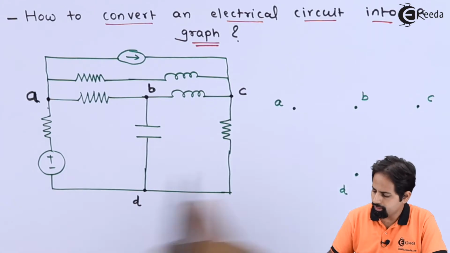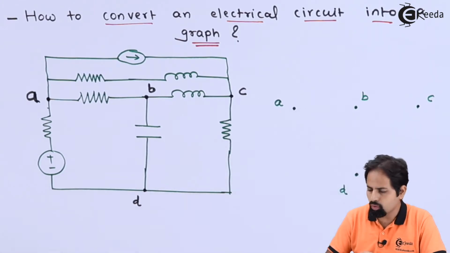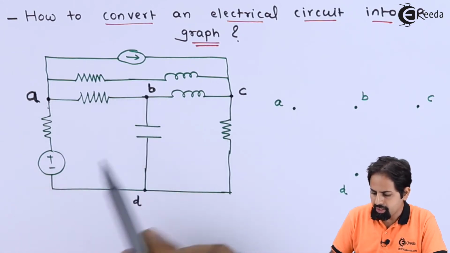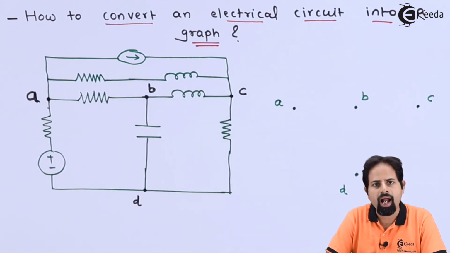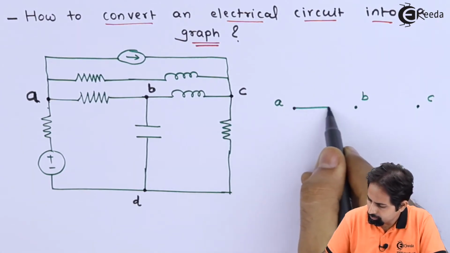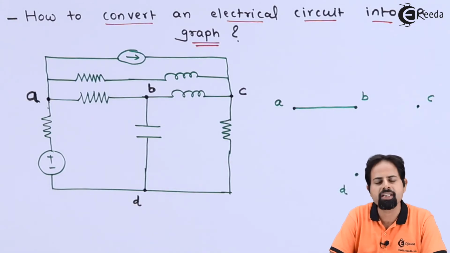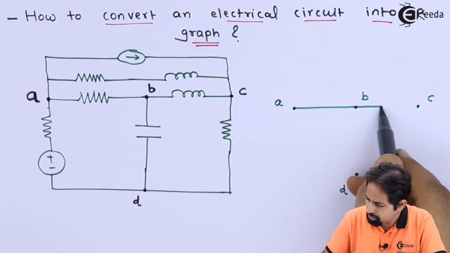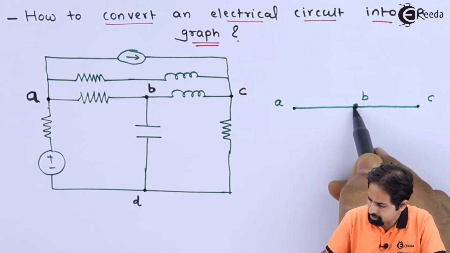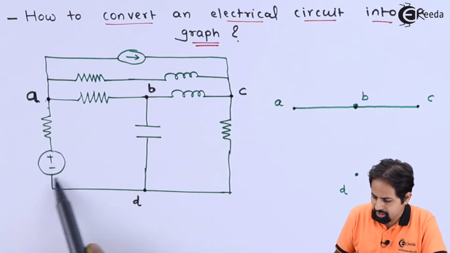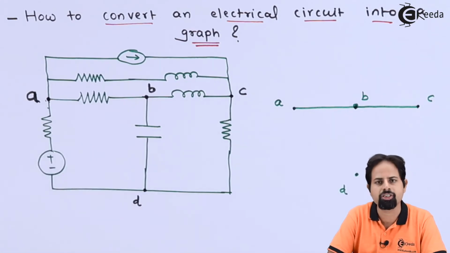Here you can see I have drawn these four nodes separately. Now between A and B there is a resistive element, and we will represent it by just a normal line like this. That means there is no need to write that resistance. Again from B to C we'll represent it like this. Then between A and D you can see there is a voltage source and a resistor.